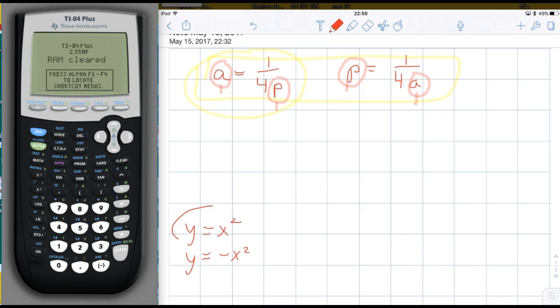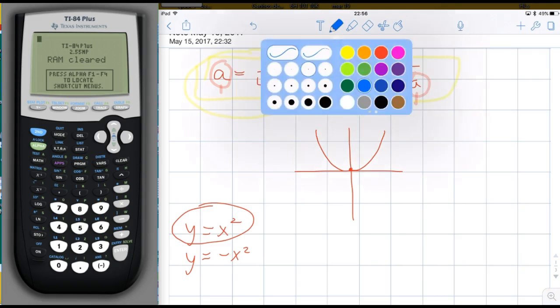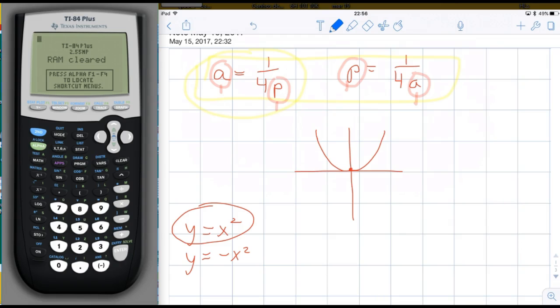So let's start out with the most basic parabola, y equals x squared. Okay? Or if you remember, y equals x squared goes through the origin because it's a parent function. And if you remember from the investigation, the directrix and the focus of the y equals x squared parent function are located in the following locations, right?